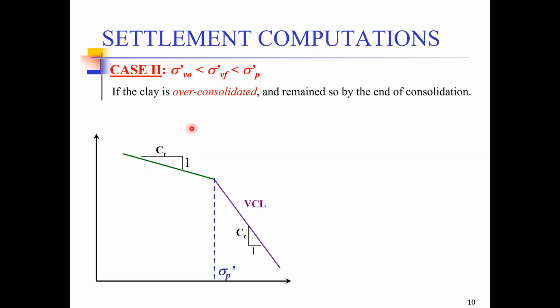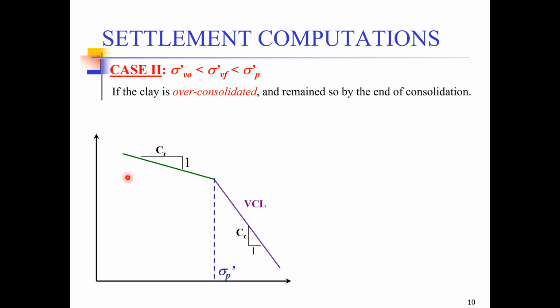So if the soil is over-consolidated, from the definition we have already studied, an over-consolidated soil is one in which the present effective stress is less than the past pressure that has been experienced by the soil.